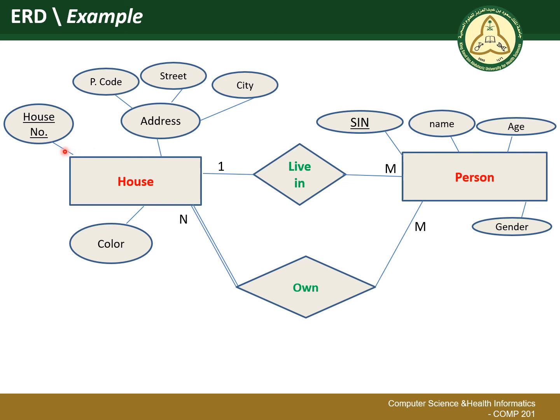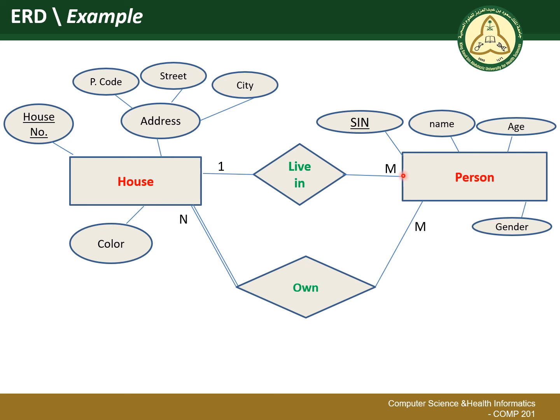The key identifiers for each entity: for the house, number, so we underline it, and for the person, the social insurance number, we underline it also.